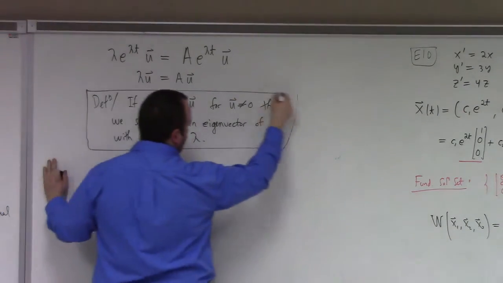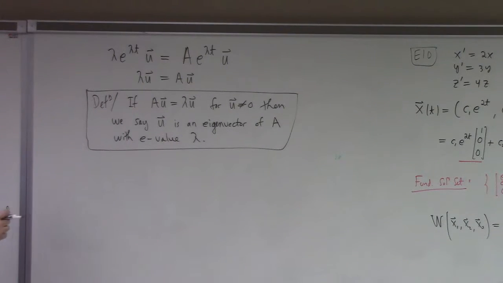So what we just derived is that apparently I need an eigenvector in order to solve this thing, right? Now let's keep working on this eigenvector thing since it's new to us.